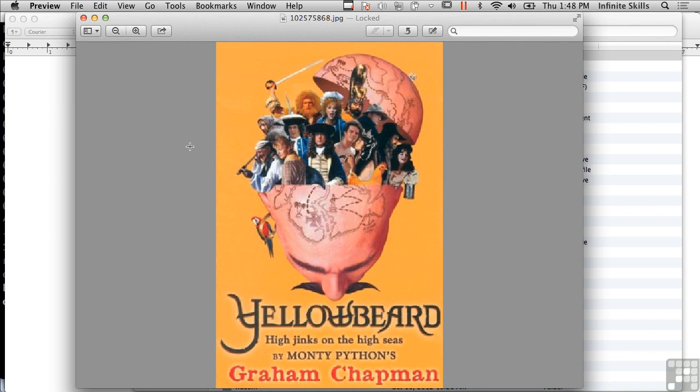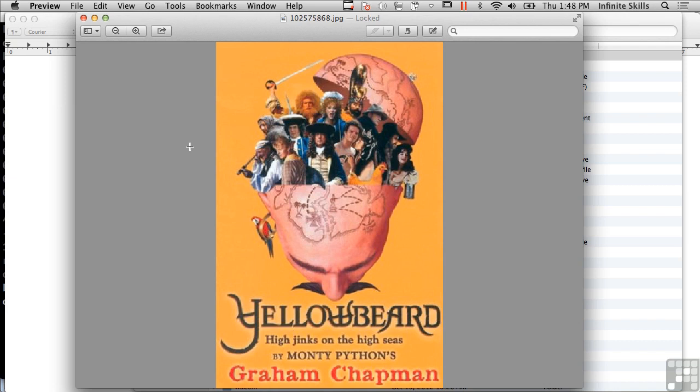Now, anytime I think of steganography, I actually think of the movie Yellowbeard, and the reason I think of that is you can kind of see it in this picture here, where Yellowbeard is a pirate, and he tattooed a map to his treasure on his son's head when his son was born, and as his son got older, of course, hair grew to cover it.